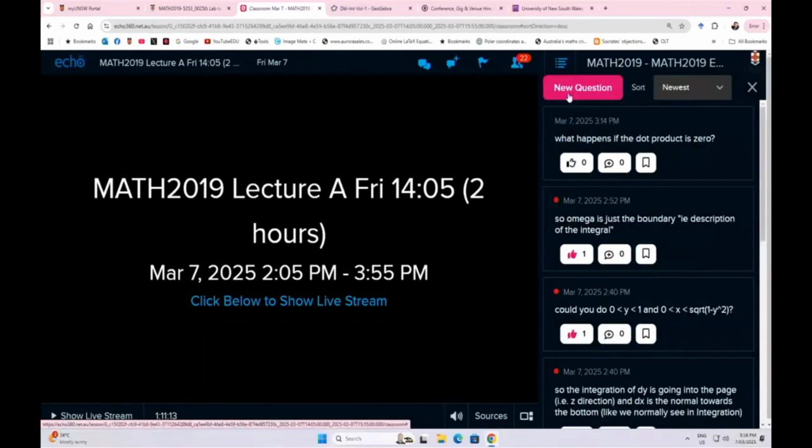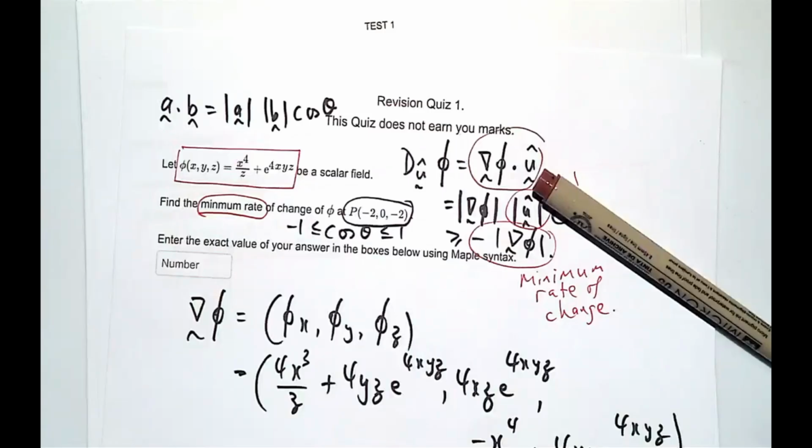What happens if the dot product is 0? Let's go back to our working. Directional derivative, right? What could we say about the rate of change if that's 0?